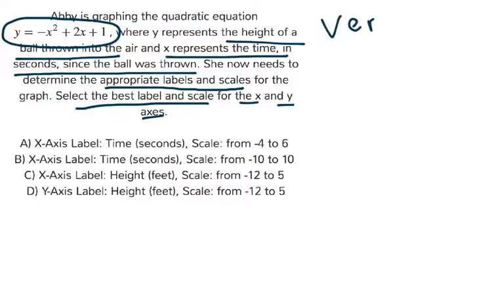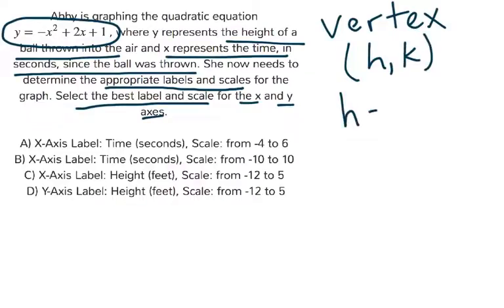Well, remember, the vertex of any quadratic function, we could call it h comma k, can be found using h equals negative b over 2a. That's our formula. Well, in this case, a would be the number in front of the x squared. In this case, there's a negative, so you can think it's negative 1. A equals negative 1.